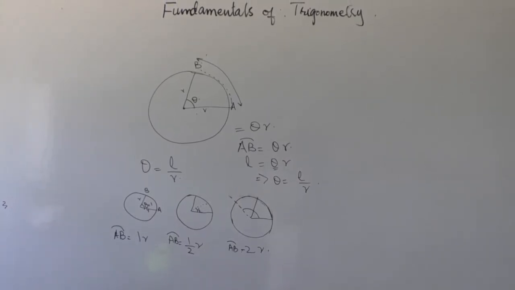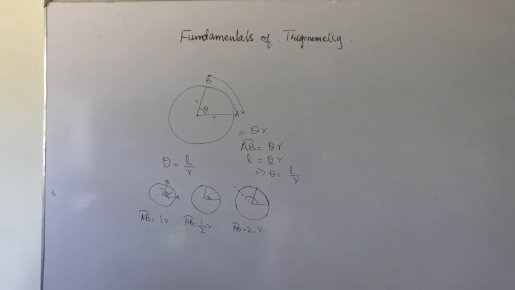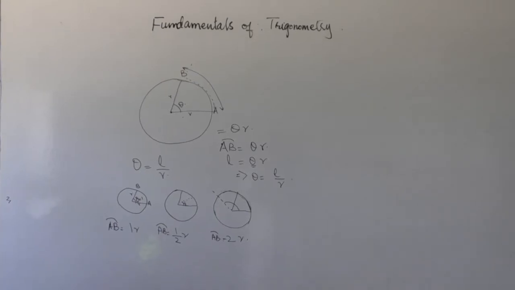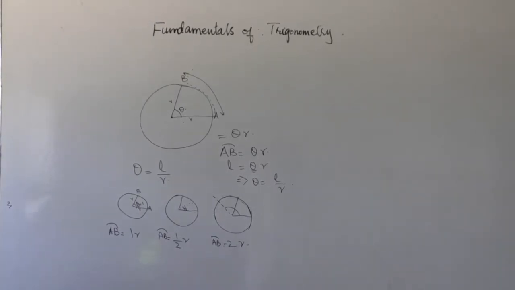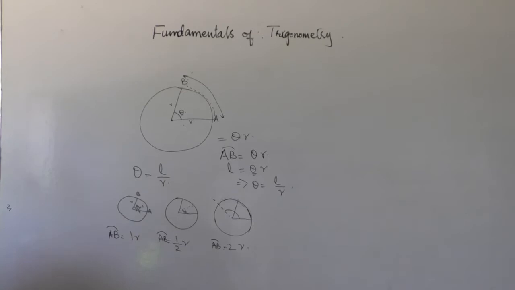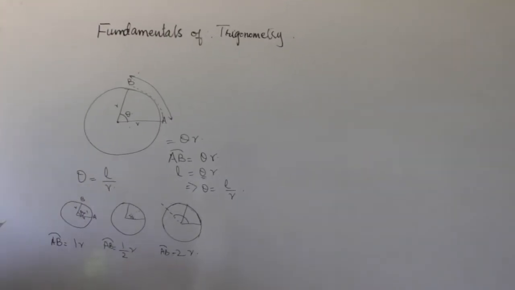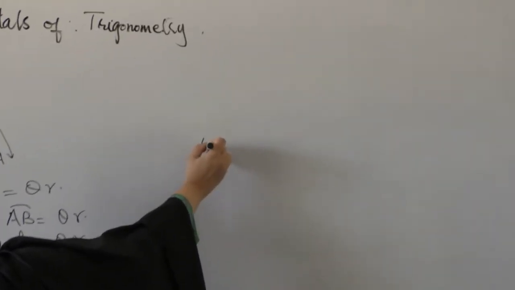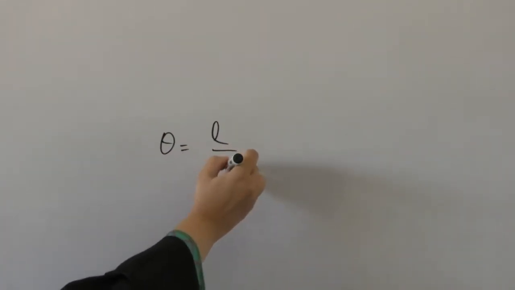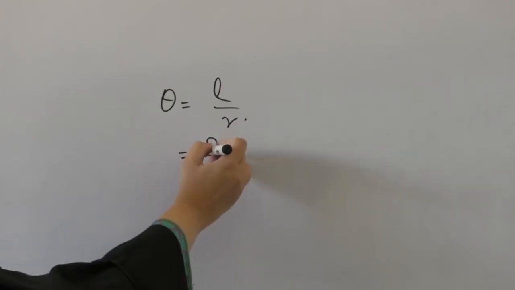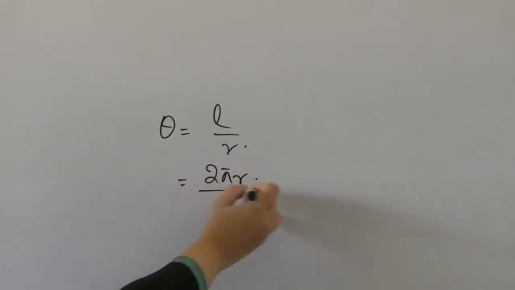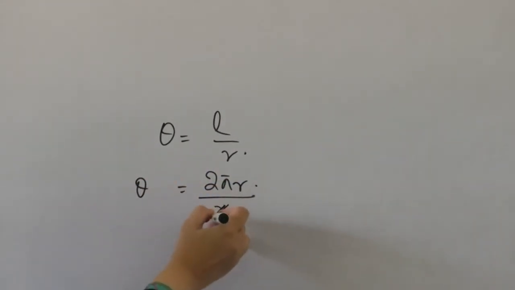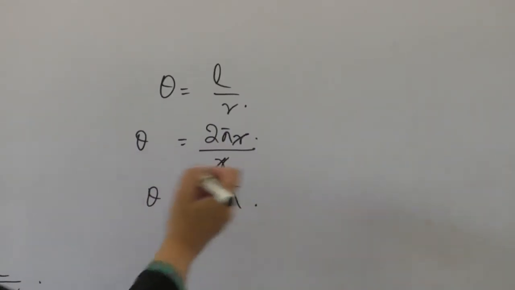Now, when theta is equal to L over r, do remember that for a full circle L is equal to 2 pi r. When theta is equal to L over R, we know that the value of L is 2 pi R. R will be cancelled, so theta is equal to 2 pi.